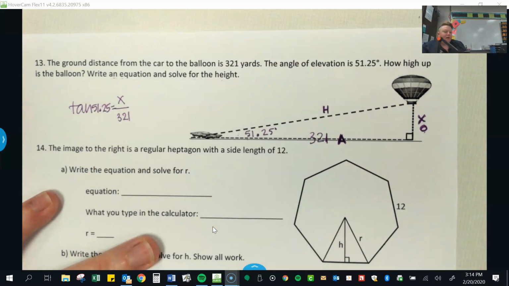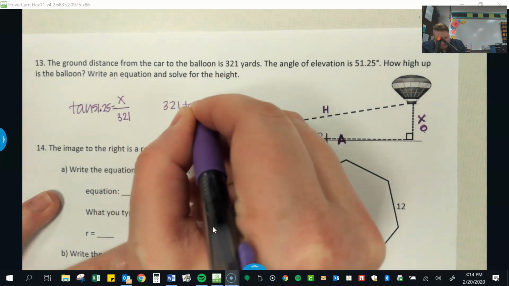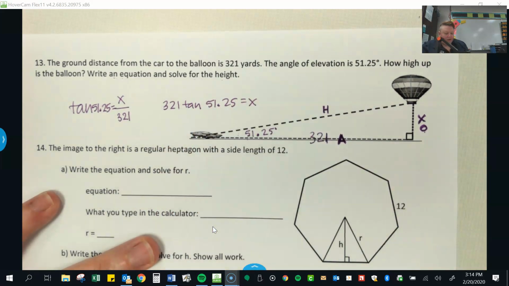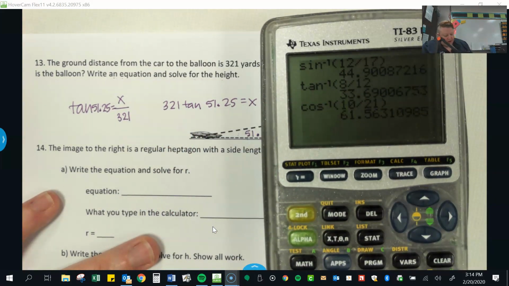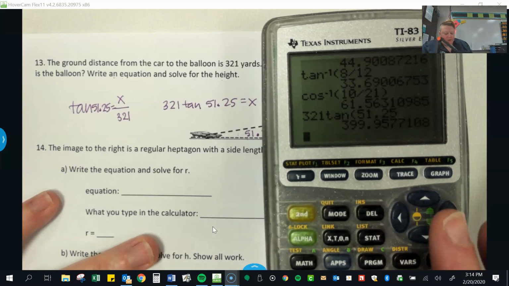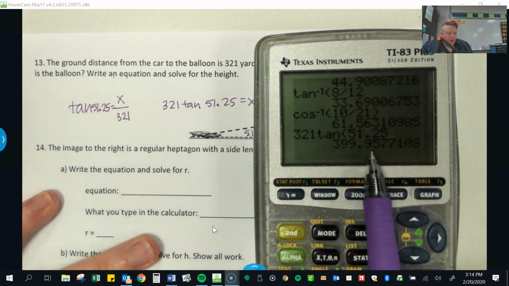When x is up high, we multiply. So I'm going to say 321 tangent of 51.25 equals x. That goes in my calculator. Okay, this one's really interesting. I want you to round to the nearest tenth here. So we look at our 9.